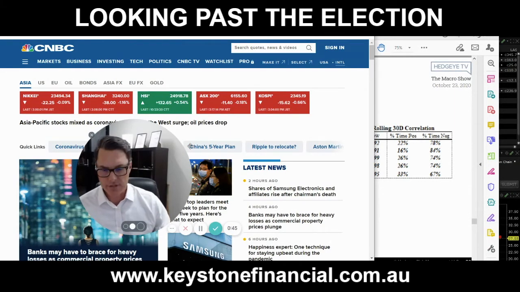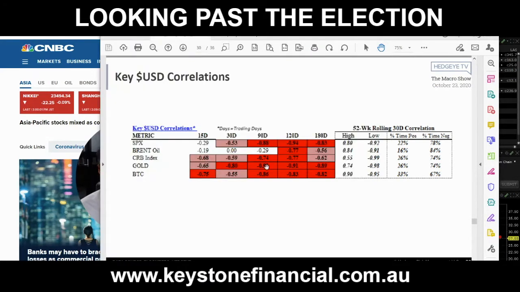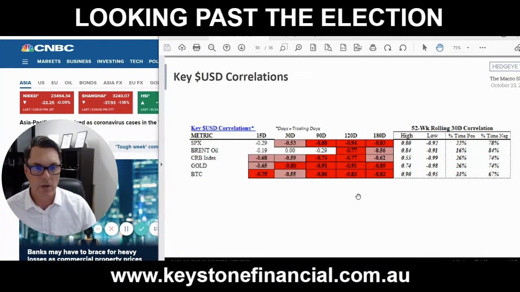So, first thing, the US dollar has featured a lot lately in these updates, and for very good reason, because it is absolutely in a bear market right now. But we've seen the dollar showing a little bit of strength in the last couple of weeks. It is still trending lower, but we often see counter-trend moves. I want to revisit this table once again, showing the correlations between the dollar and various asset classes.